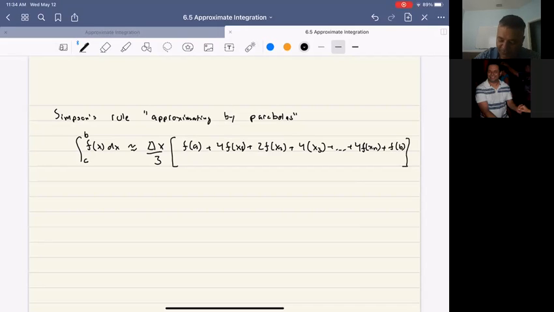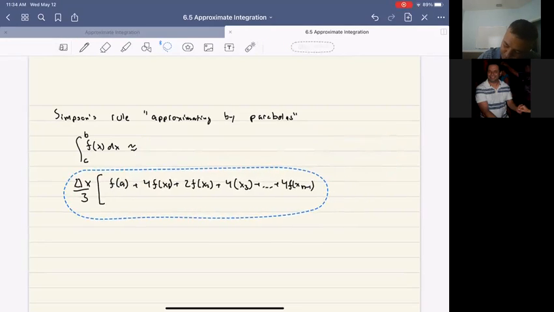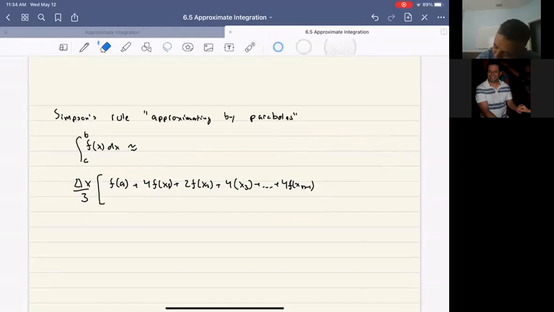Oh, sorry, that should be f of x_{n-1} there. Okay, where n should be even here. We need that restriction in order for Simpson's rule to work.